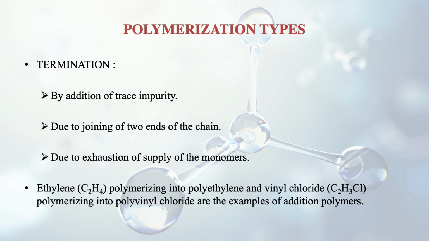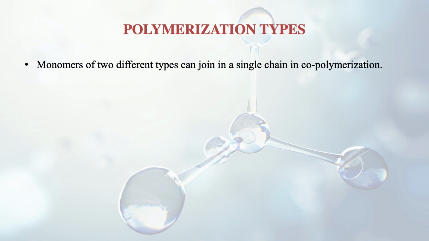So one process we have discussed, that of the addition polymers. Monomers of two different types can join in a single chain in copolymerization. Like we discussed addition polymerization, where there was a monomer of a single type only, here the monomers may be of different types.